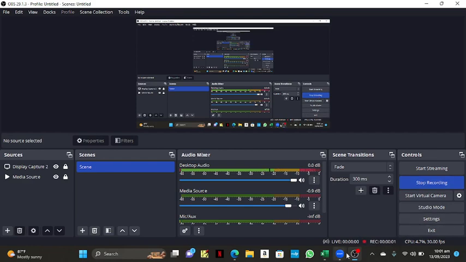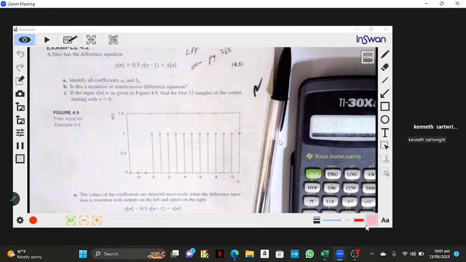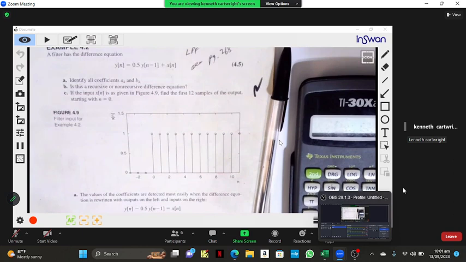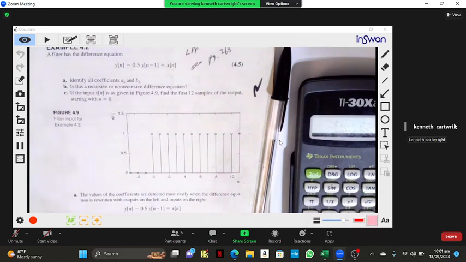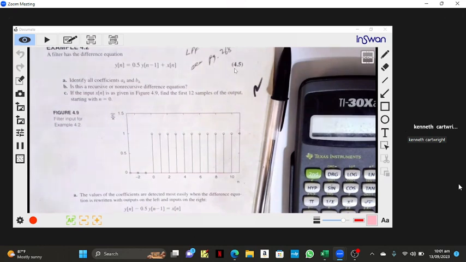We have a filter with a difference equation given by equation 4.5.